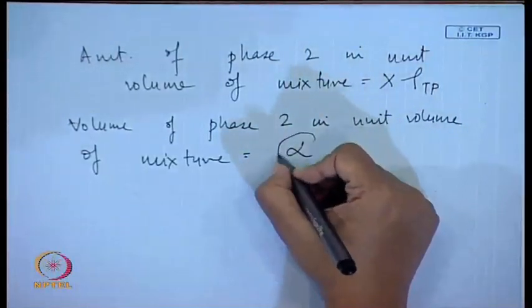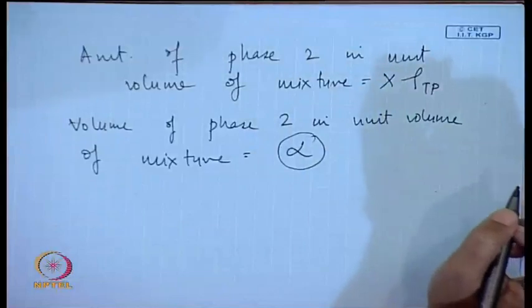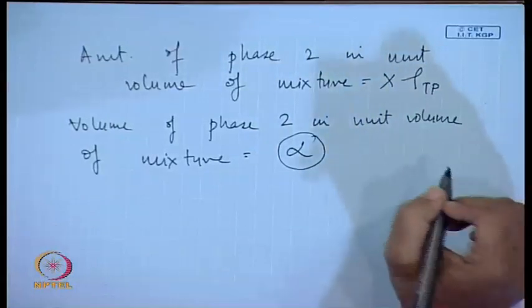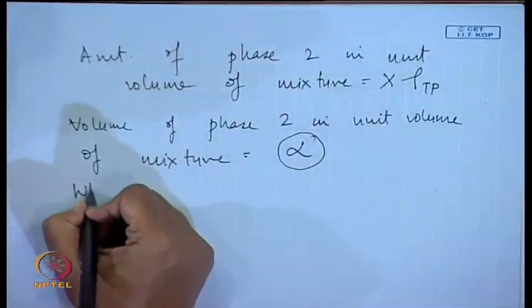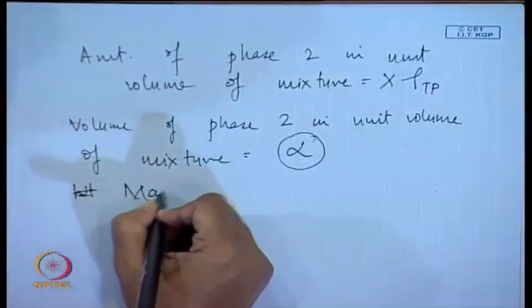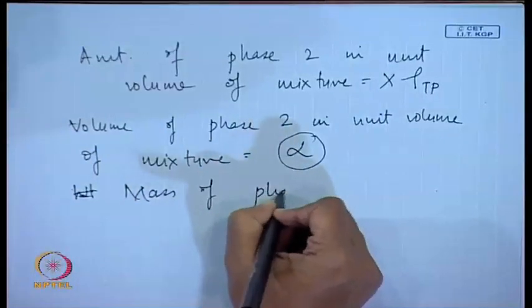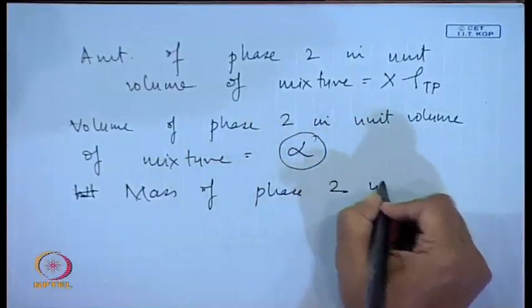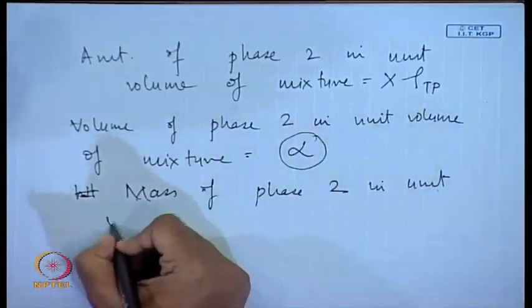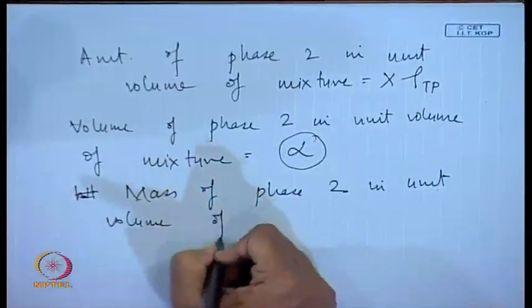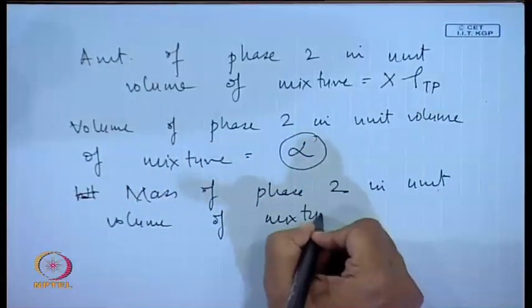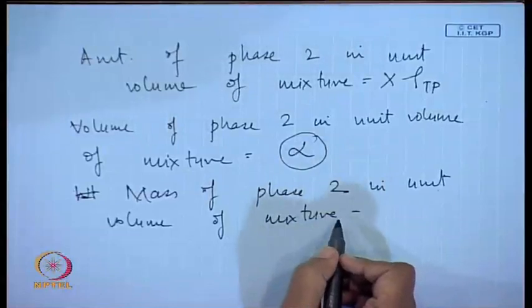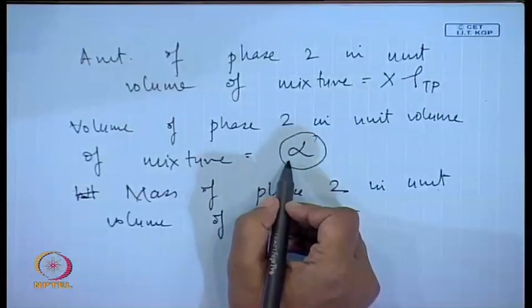What is the weight of this alpha meter cube or alpha liter of phase 2? The mass of phase 2 in unit volume of mixture. In unit volume of mixture, the volume of phase 2 is alpha.